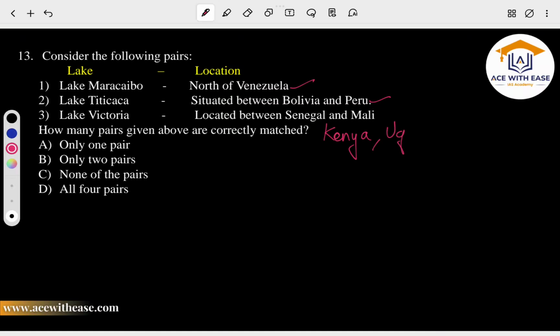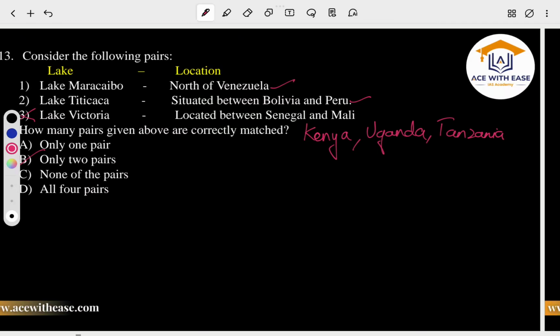So here only two statements are correct, whereas the third pair is wrong. So we have only two pairs. Option B is the correct option.